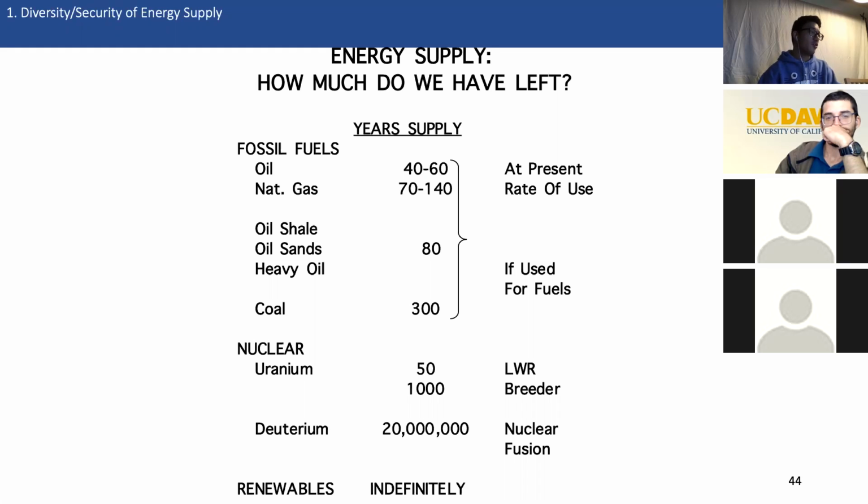Traditional uranium, which is what we use today for nuclear fission, can last up to 1,000 years if you're using certain types of technologies. Deuterium, which is used for fusion, which we don't have yet, could in theory last for millions of years.